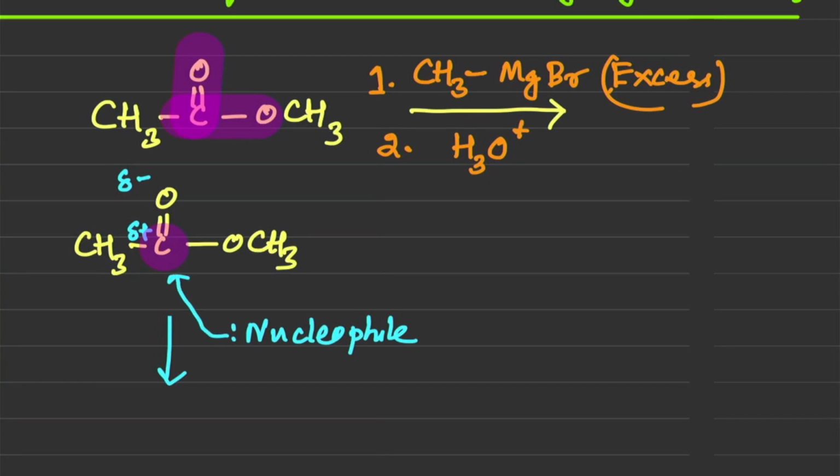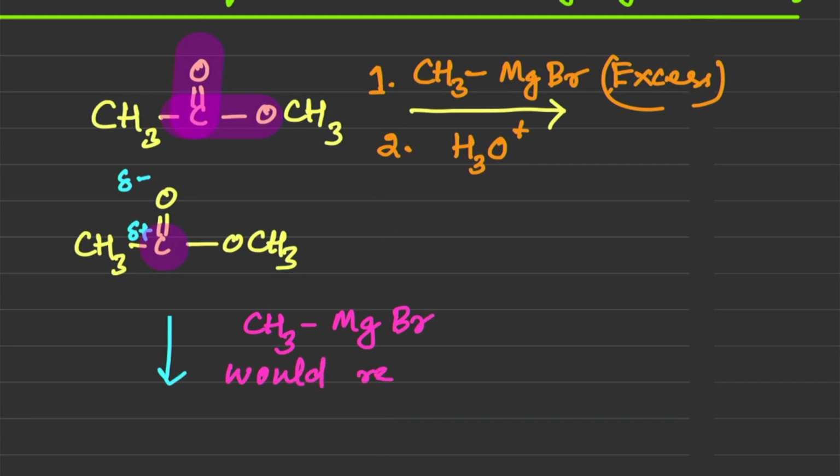So who is our nucleophile in our equation? Well, here we are using the Grignard reagent CH3MgBr, and we know that it would react as if, using our shortcut, this is CH3 minus.